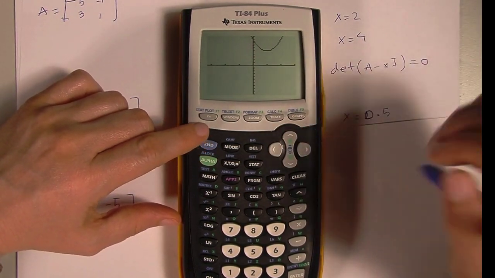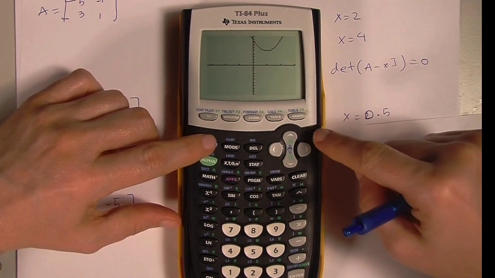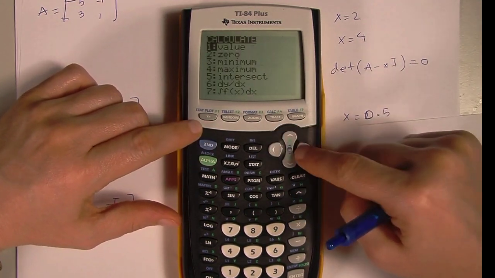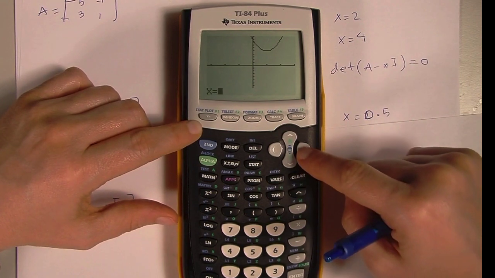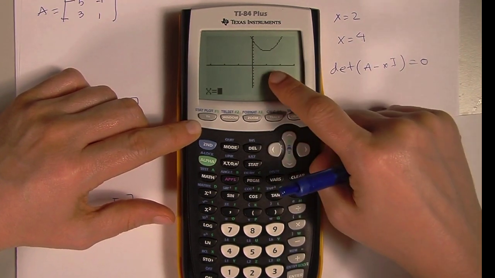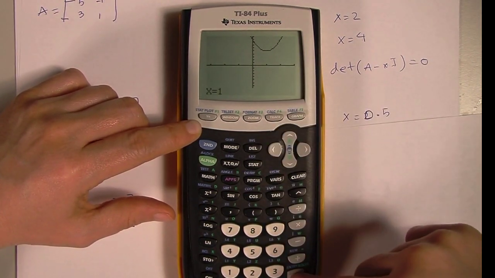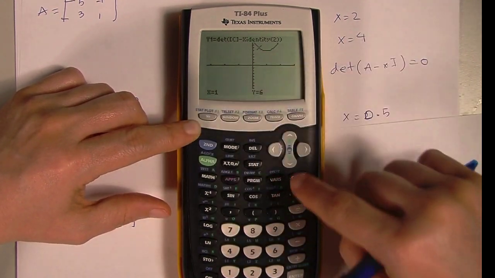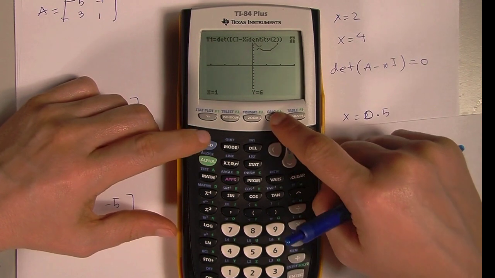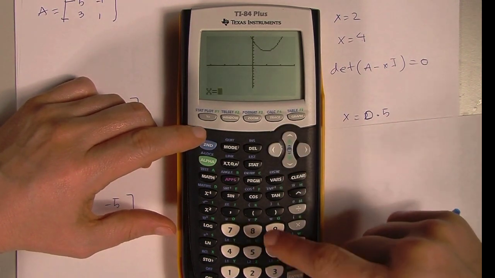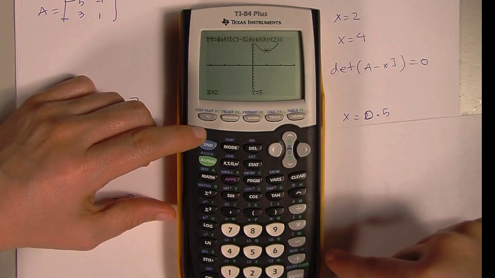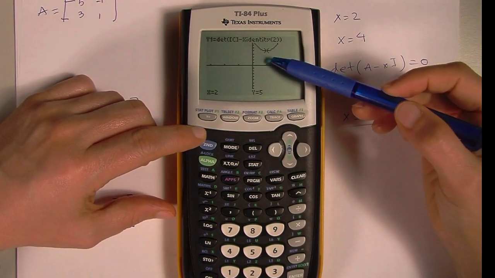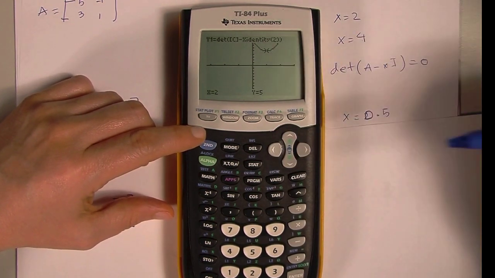So calculate value, and I'm plugging in, is that 1? Let's try 1. It came over here, so that's not 1. Go back to calculate value, plug in 2, and this time I see that's the vertex.